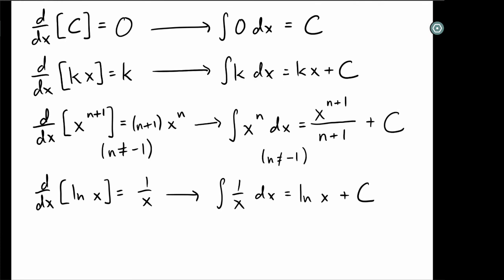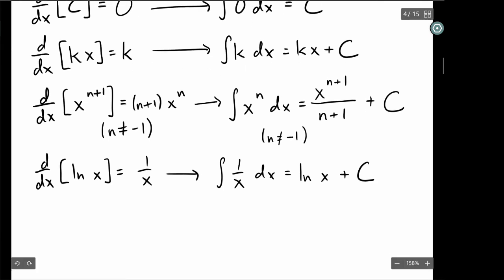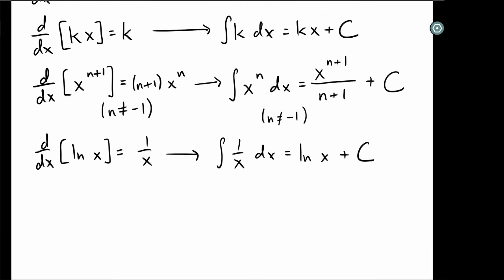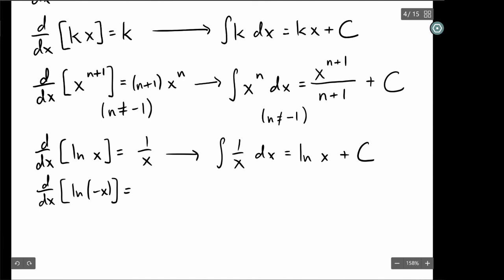Now, there's actually something quite interesting here. I think we talked about this in class, let me add in here. If we look at the derivative of ln of -x, when we do the derivative, we're going to get 1 over minus x times -1 by the chain rule.